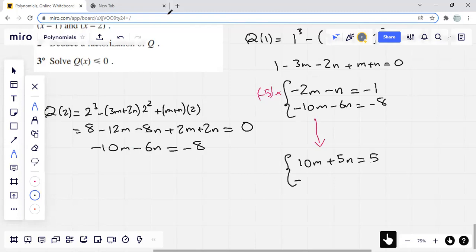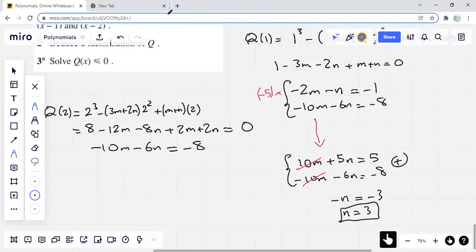The second equation stays as it is. Now we can add these two equations. 10m minus 10m will cancel out. 5n minus 6n will be equal to minus n. And 5 plus minus 8 will be equal to minus 3. So we know that n is equal to 3.